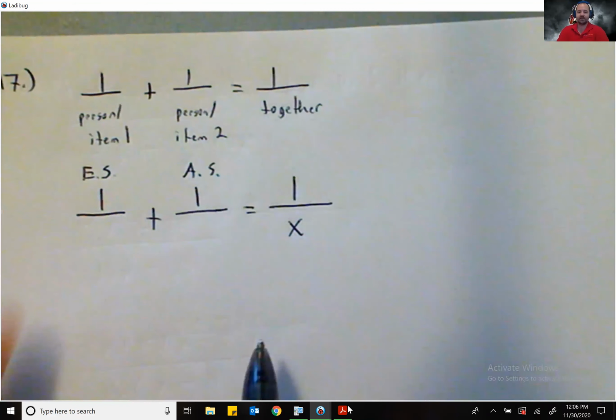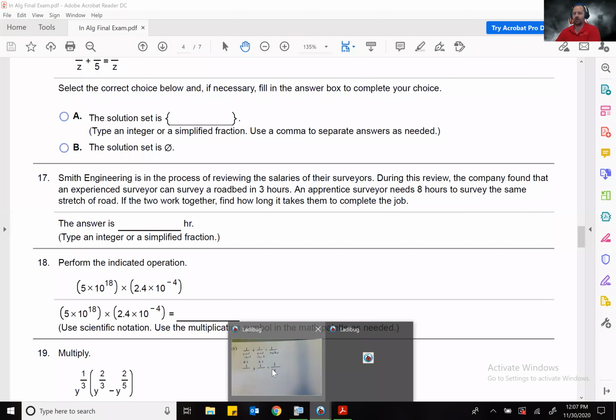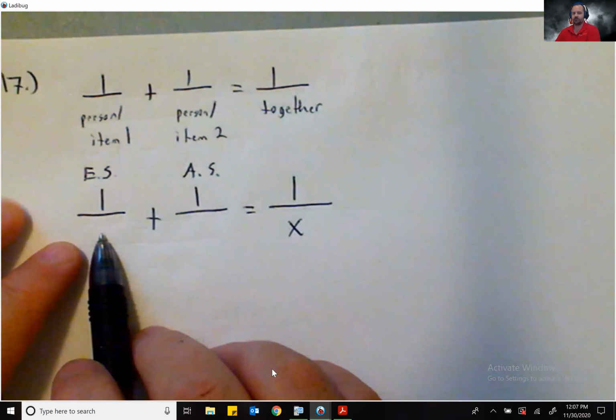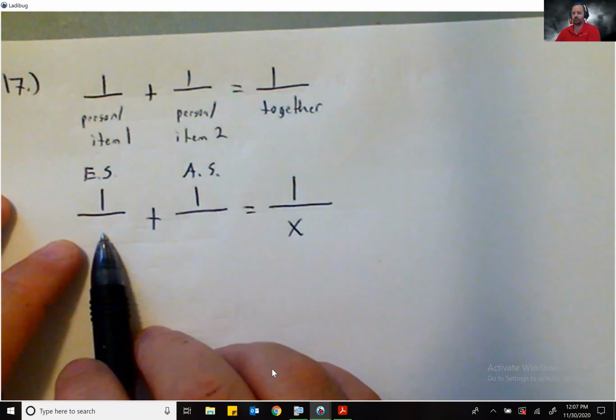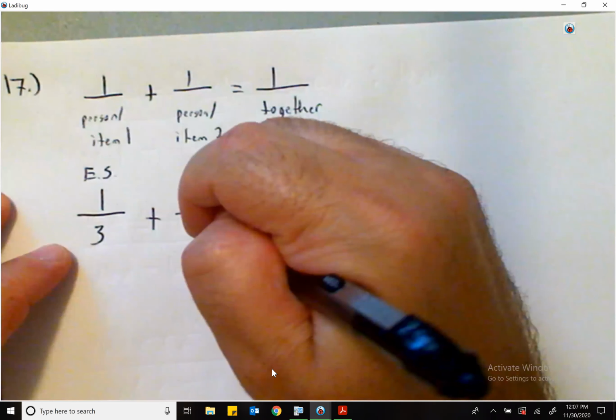The experienced surveyor takes 3 hours, the apprentice surveyor takes 8. What number is going to go under the experience? 3. And what number goes under the apprentice? 8. And there we go.